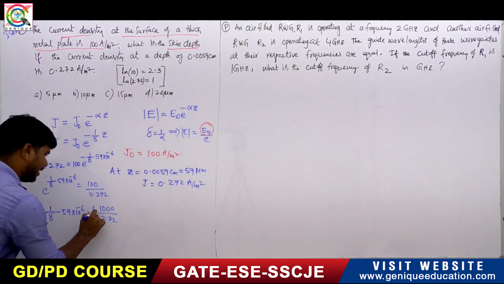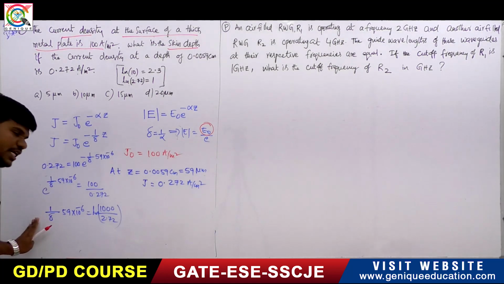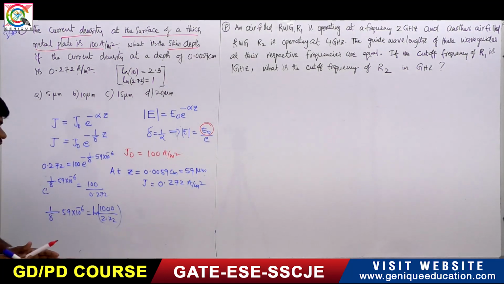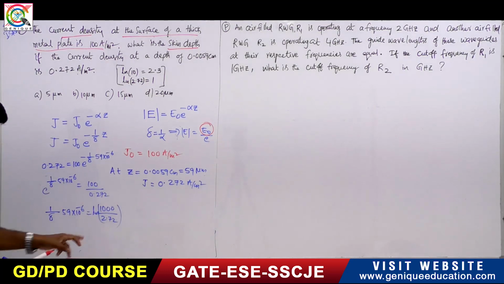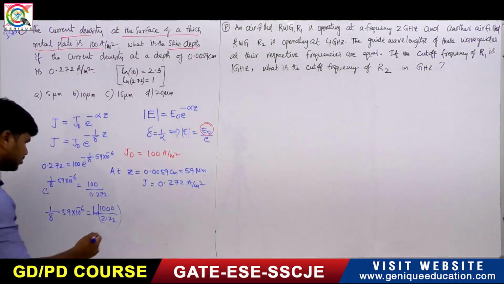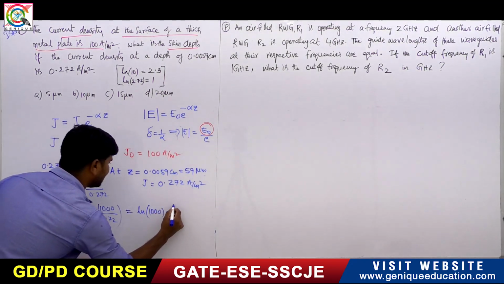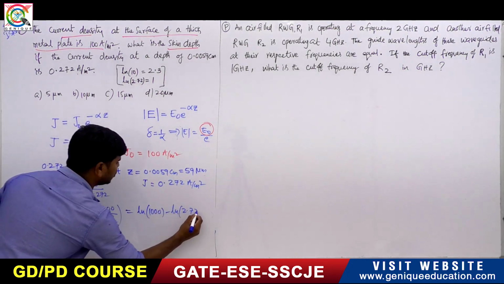You have to write ln here, natural logarithm, because you are removing e here, so you have to take the logarithm on both sides. So finally you will get ln of 1000 minus ln of 2.72.